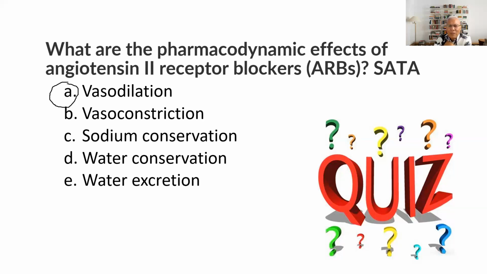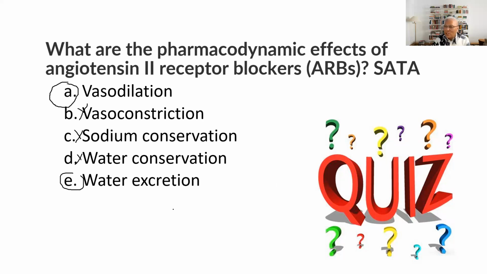And what happens to your potassium? Potassium is conserved. So it does not cause vasoconstriction. It eliminates the sodium, and also eliminates the water. And therefore, there will be water excretion.